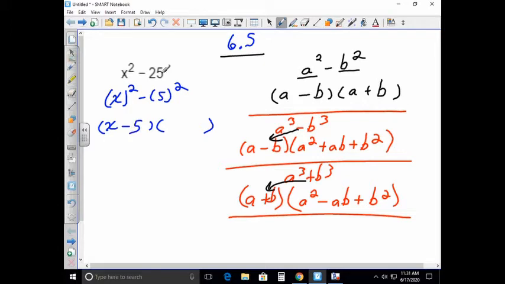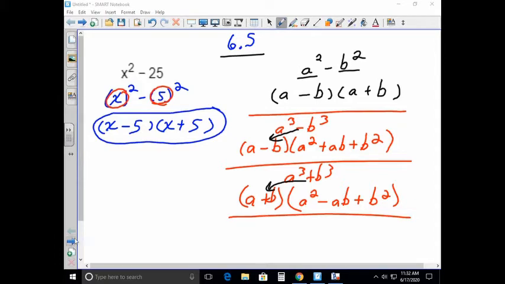Or another way of saying it is our base minus our base. And then the same terms with a plus in the middle. If you were to distribute that out, the outer and the inner would cancel, and we would be left with the x squared and the minus 25. So these are a little bit different than the ones we've done previously. These more utilize a formula than anything.